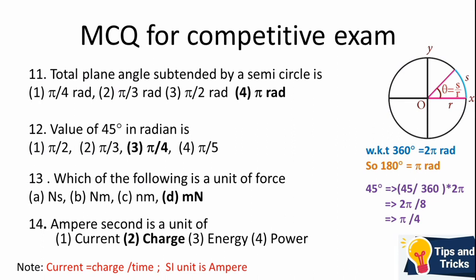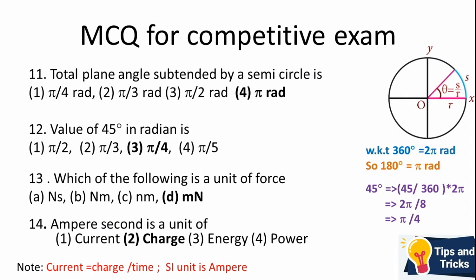So now question number 11, total plane angle subtended by semicircle is, options given are option 1 pi by 4 radians, option 2 pi by 3 radians, option 3 pi by 2 radians, and the fourth option given is pi radian. We know that a circle will have 360 degree and it will have 2 pi radians.